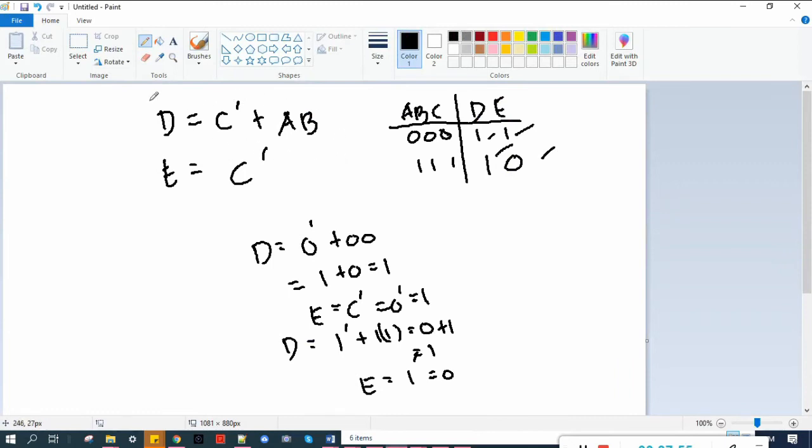if we look at D, look at the logic function of D. What happened to my C prime, this part here, the inverter, when ABC are 1, 1, 1, so D is 0.